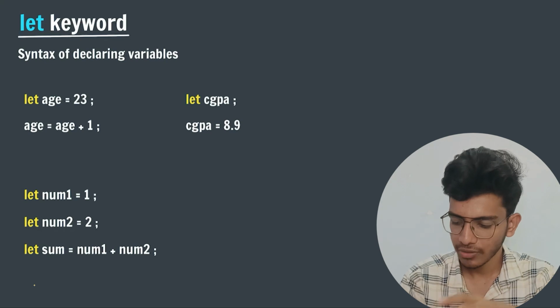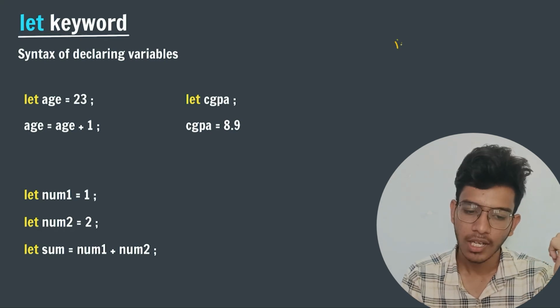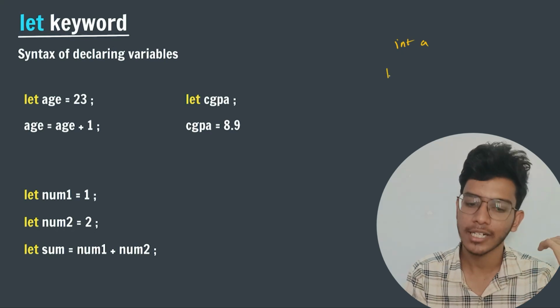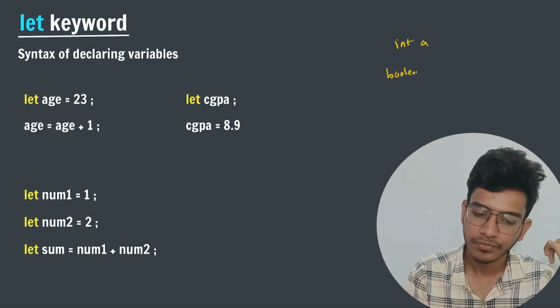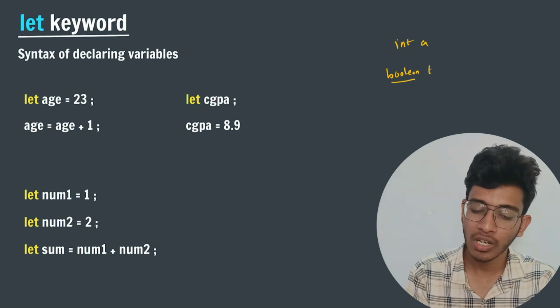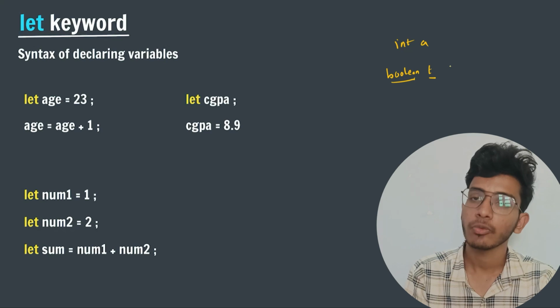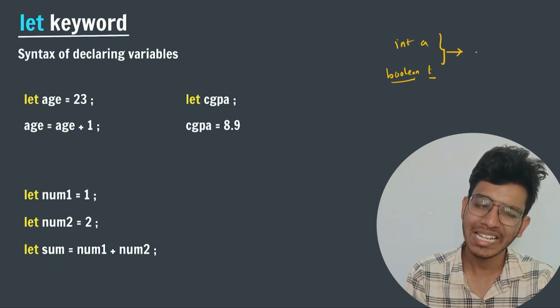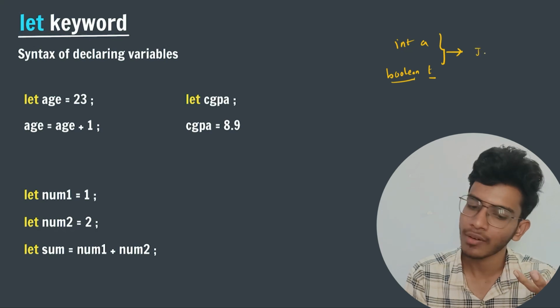Let's say I am creating an integer, then I will write int a. If I am creating a Boolean data type, then I will write boolean t, right? First of all we will write the data type. After that we will write the variable name. Like this we will declare variables in Java.